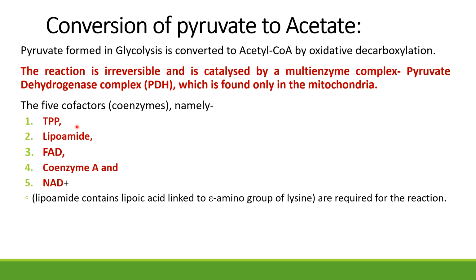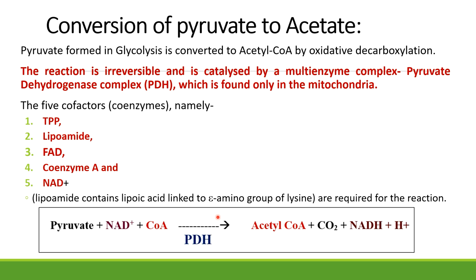These include TPP, thiamine pyrophosphate, lipoamide, FAD, coenzyme A, as well as NAD+. Here, lipoamide contains lipoic acid, which is linked to the epsilon amino group of a lysine residue, and it is required for the reaction.